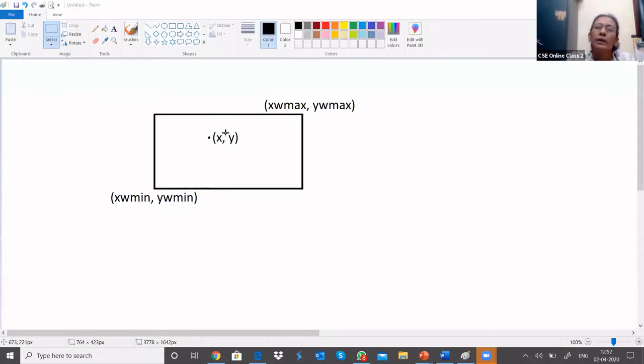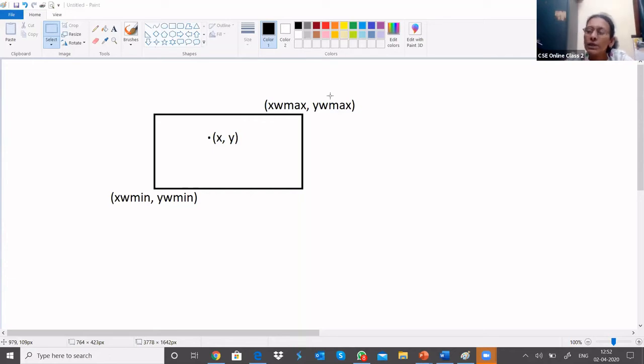We say that it is inside this window if the X coordinate lies between XW min and XW max. That means our X coordinate should be greater than or equal to XW min, and at the same time it should be less than or equal to XW max.